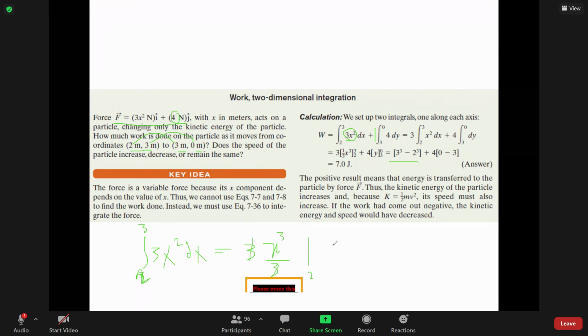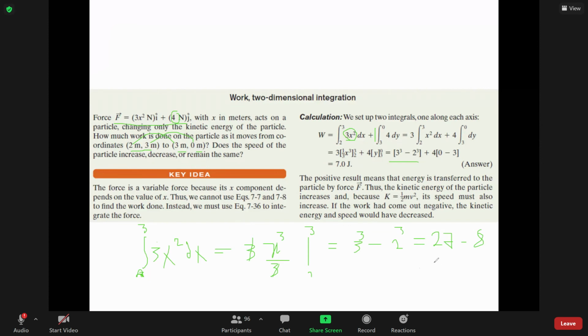I need first to substitute at 3, which is 3³ minus 2³. I start with the upper limit minus the lower limit. 3³ is 27, minus 8, right? 2³ is 2 by 2 by 2.